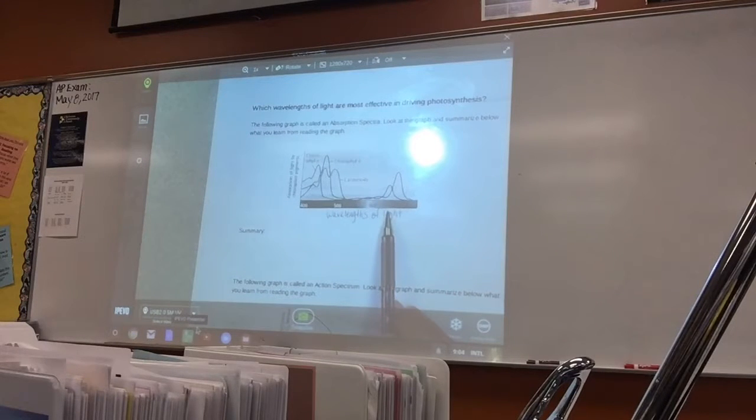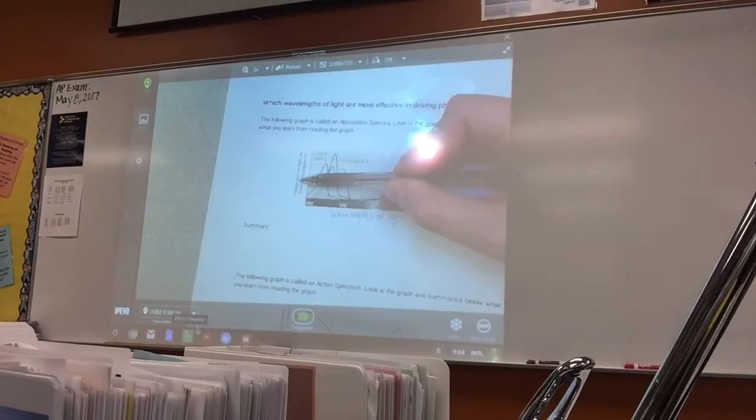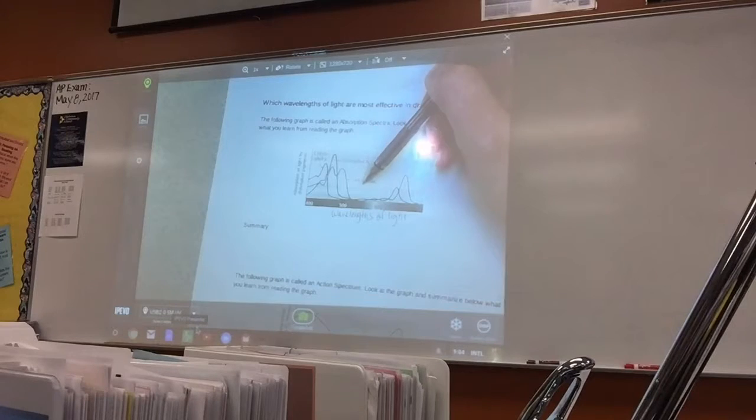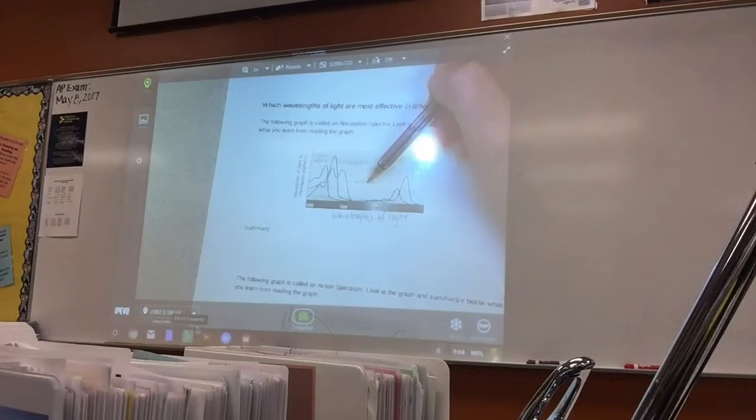So that's your wavelengths of light. And on the y-axis, it says absorption of light by chloroplast pigments. These three different lines, chlorophyll A, chlorophyll B, and carotenoids, are all pigments found in a plant, different types of pigments.